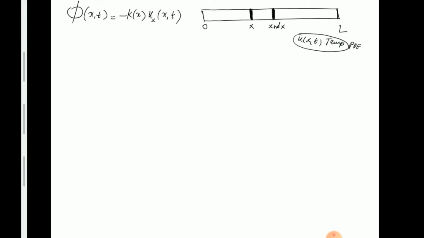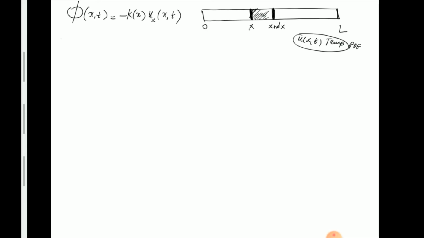What I want you to imagine is that this location here at x and x plus dx is very tiny. We exaggerate the distance between x and x plus dx just to visualize it. But imagine this is basically a small unit of volume. And we're going to write essentially the PDE by writing how the temperature changes in two ways. So think again of this portion between x and x plus dx as a single closed unit of volume, and basically we can write what happens at this location in two different ways. So let's write it in words here.